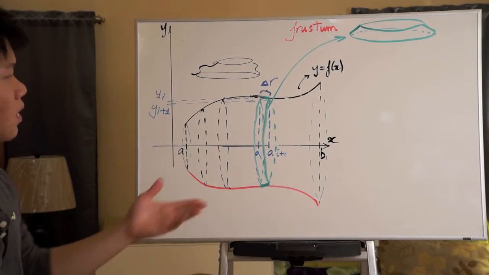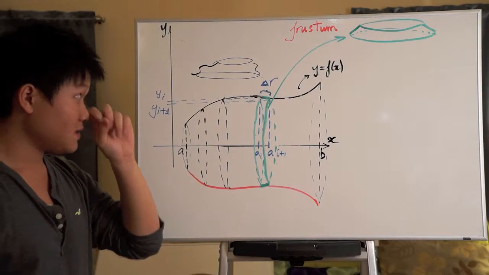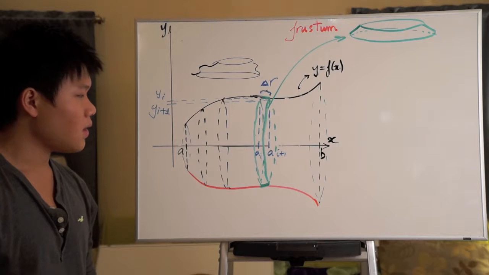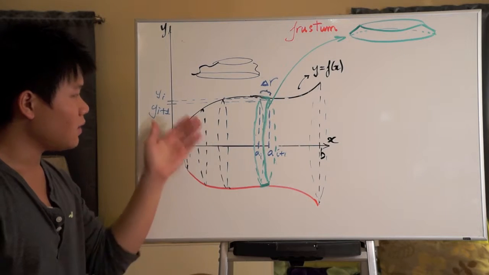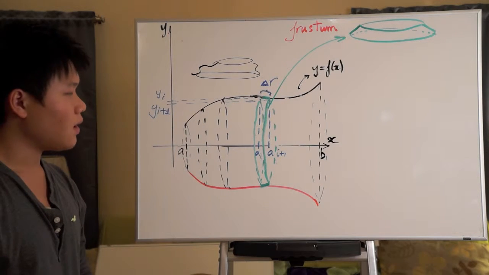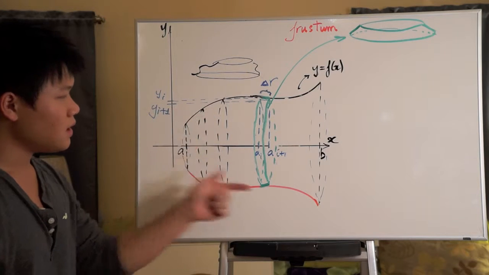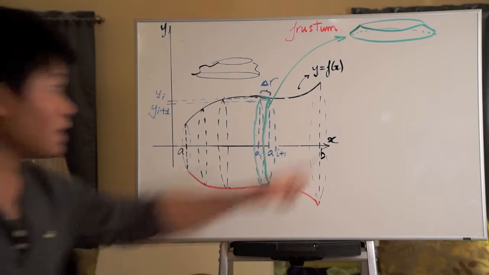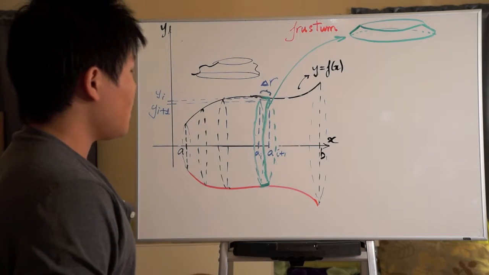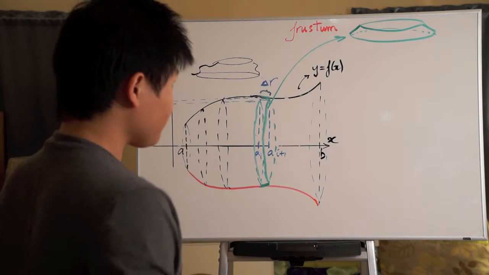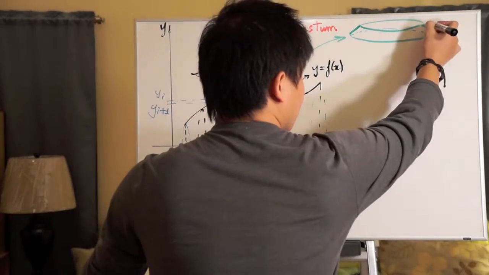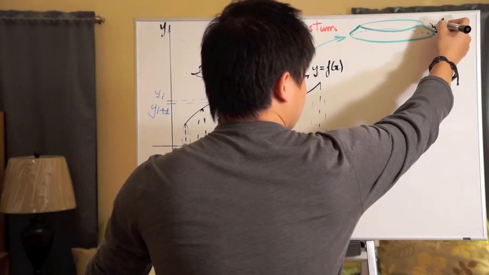So how do we formalize this area and give a general equation whenever we want to calculate the area of a certain graph revolving around a certain coordinate axis? Let's have a look at this frustum. This thing right here is delta r.